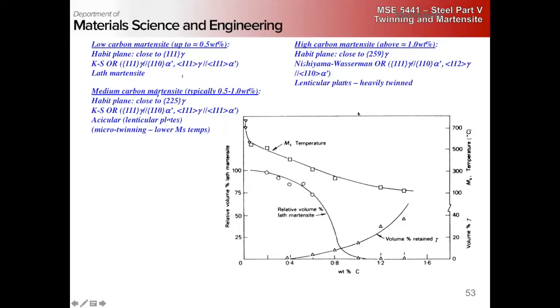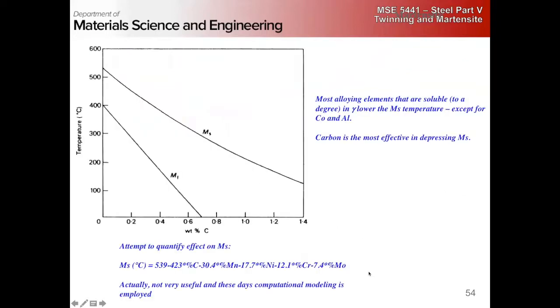Right? So nothing that I hadn't said before, but it's just kind of graphically showing the effect of carbon and alloying on the martensite start temperature. Right? Other alloying elements can have a fairly pronounced effect, and essentially what you do is you can convert different alloying compounds to an effective carbon content, right?